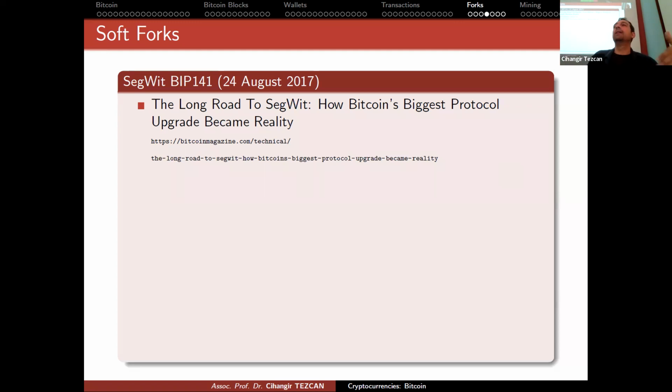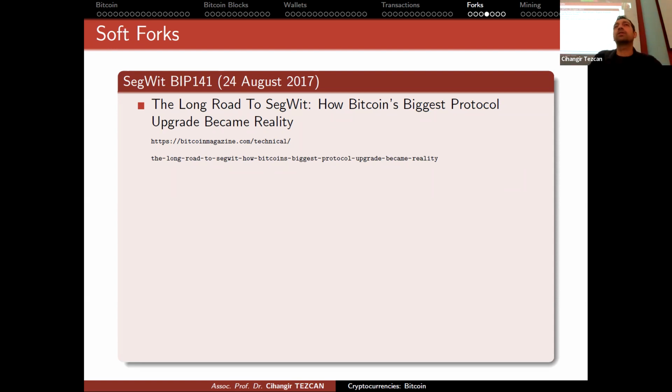Initially, they tried to convince these people, and they said that okay, they will follow this upgrade, but they also said that we expect you to make a hard fork soon, where you increase the 1 megabyte block size to something higher, like 8 megabytes. So this was their proposal: they will agree to this soft fork if they are going to have a hard fork soon.